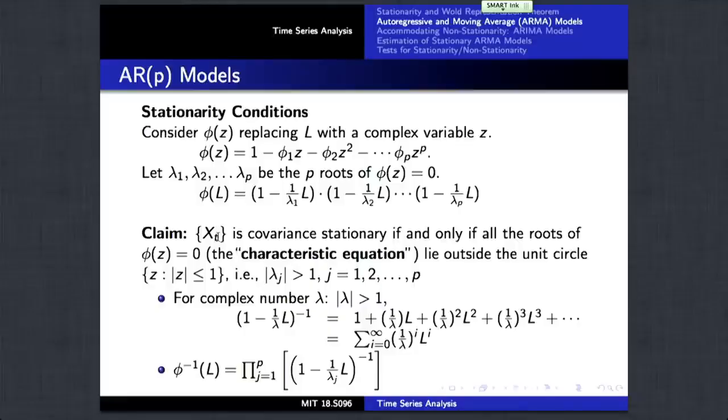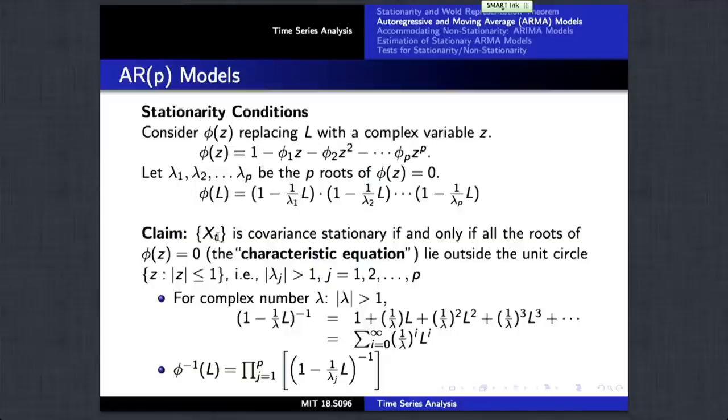Okay, in this polynomial function phi, if we replace the lag operator L by z, a complex variable, the equation phi of z equal to 0 is the characteristic equation associated with this autoregressive model.